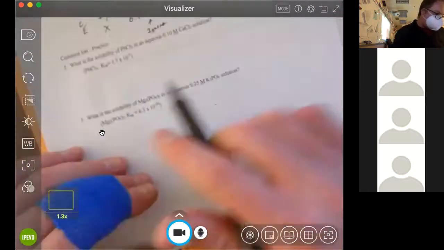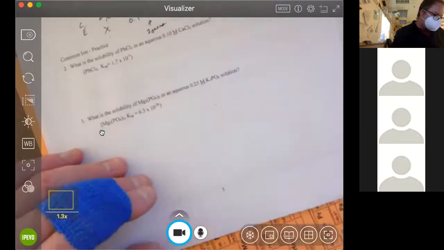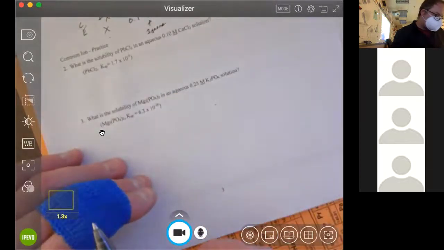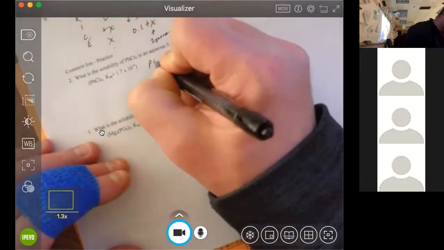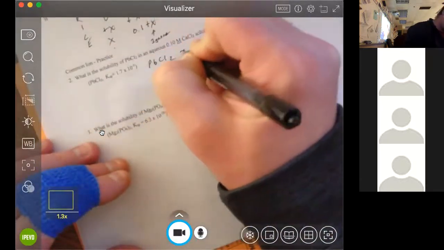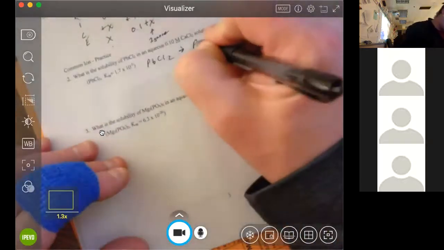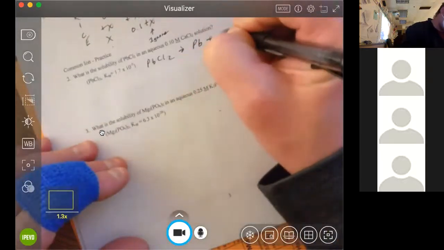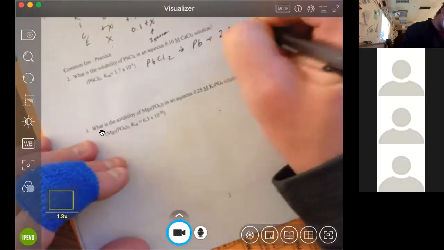So if we take a look, what would be different about this problem? PbCl2, what's that going to break down into? There we go. Pb2 plus and 2Cl negative, right?